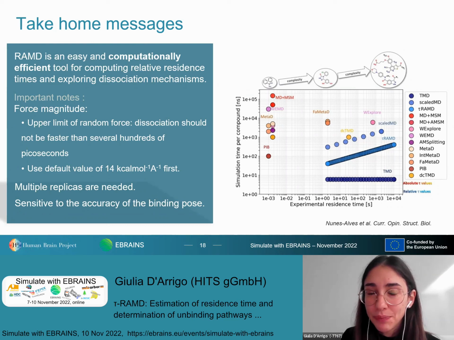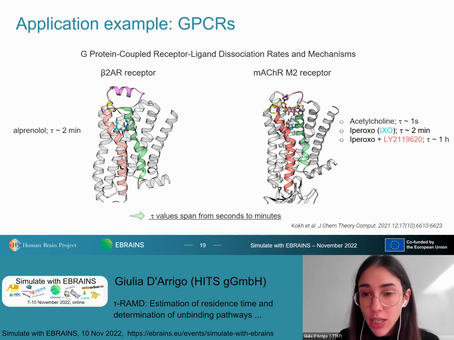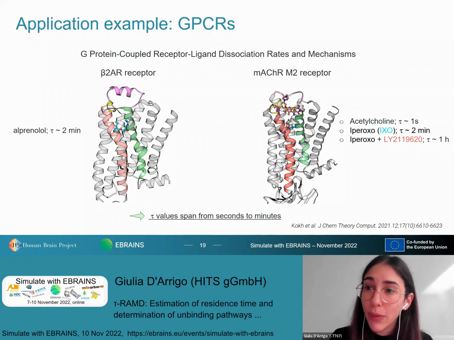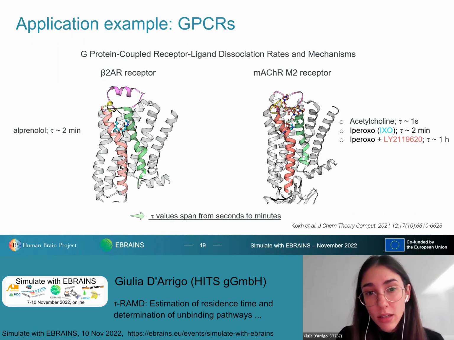The practical session that you are going to perform today is about another case study that we have recently published, which is about the GPCRs, which were described quite well by Rui yesterday afternoon during the session. And, you know, GPCRs are membrane proteins.